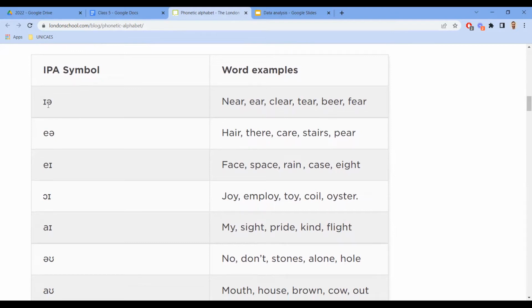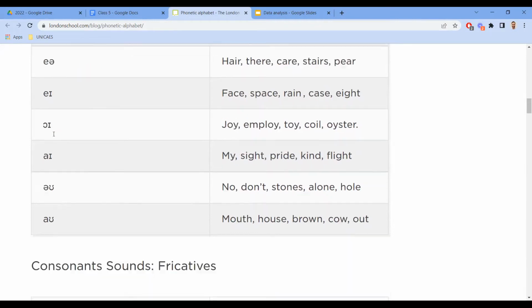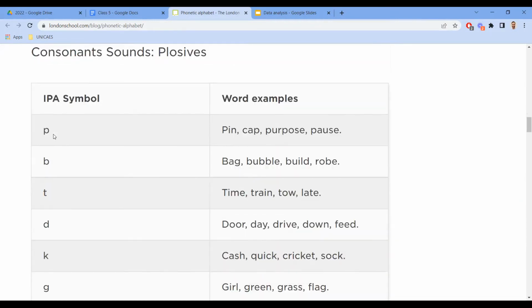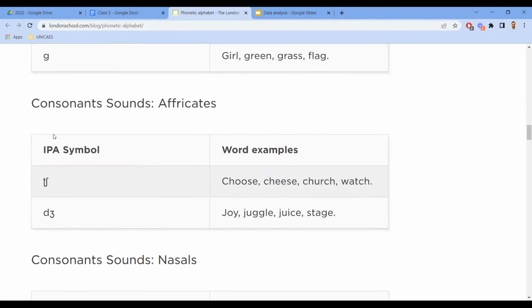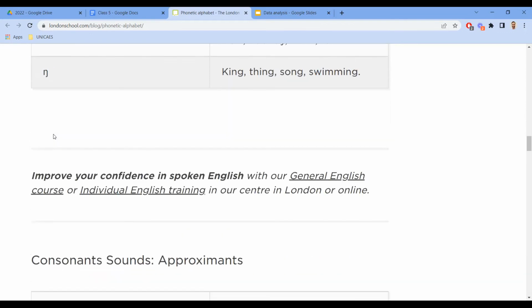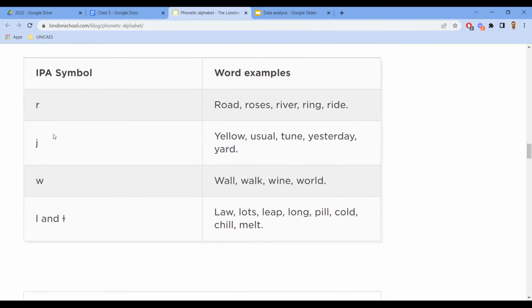So it's only the ee and the schwa. When I was teaching this in the past, students were confused, like, so how do we use this one? It's like a very short ee sound, and another consonant, right?